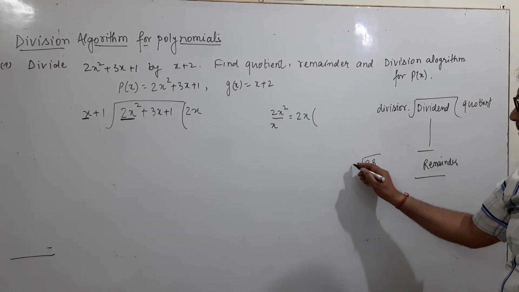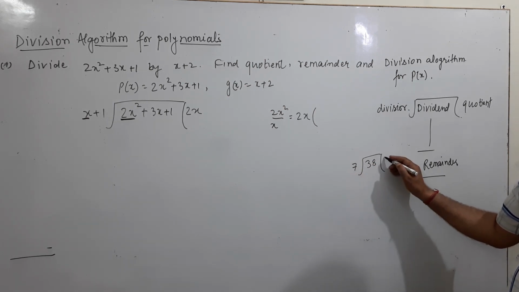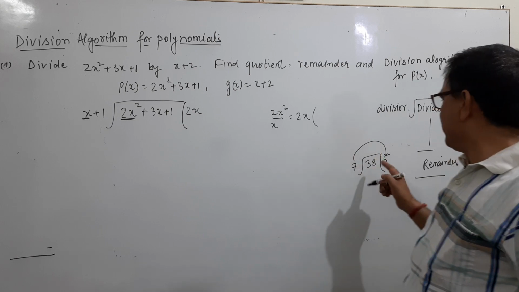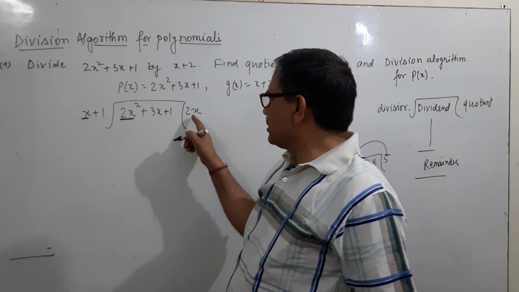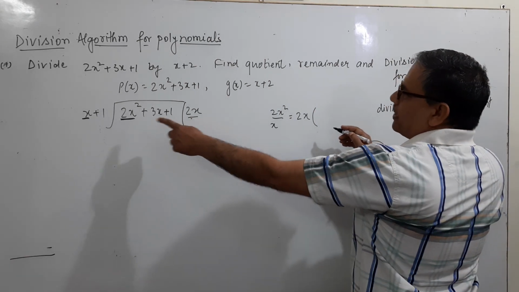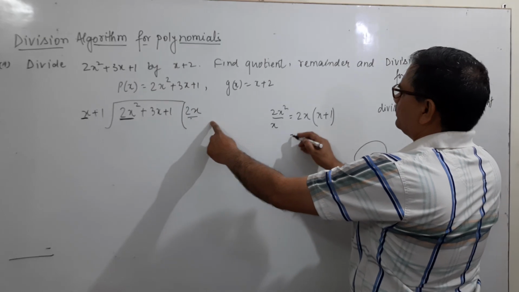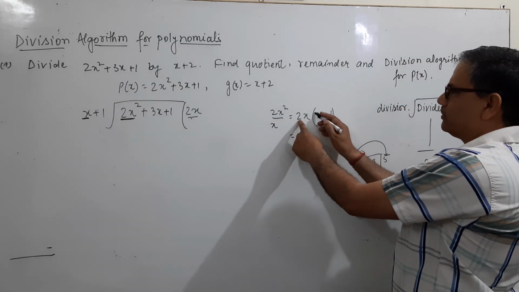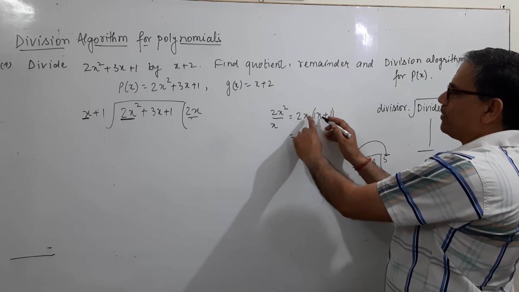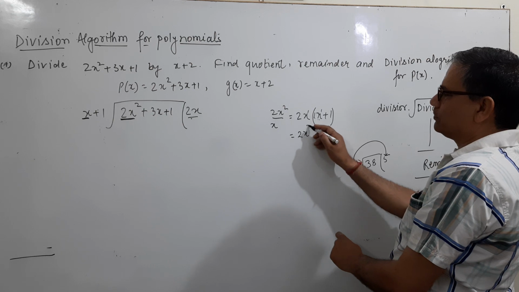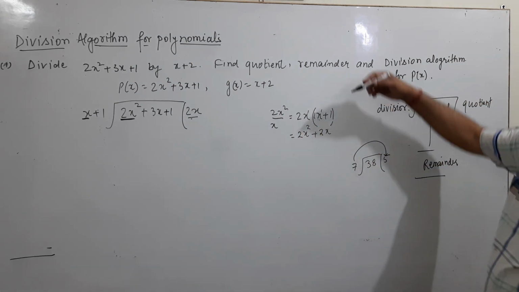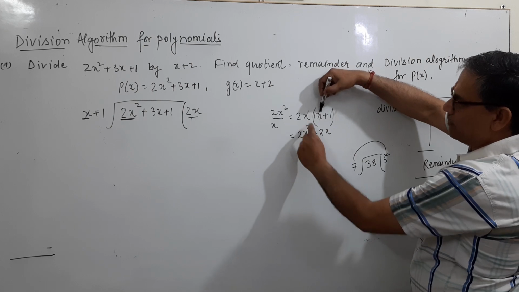Then this quotient is multiplied by the divisor, like when we divide 338 by 7, 7 fives are 35. Here 2x is multiplied by x plus 2. 2 multiplied by 1 is 2, x multiplied by x, the base is the same so the powers add, 1 plus 1 is 2, x square.